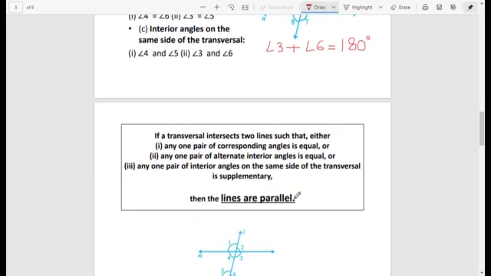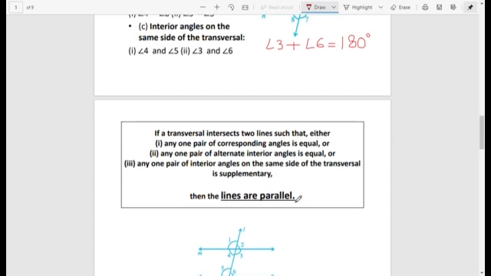Our next is: if a transversal intersects two lines such that any pair of corresponding angles is equal, or any pair of alternate interior angles is equal, or any pair of interior angles on the same side of the transversal is supplementary, meaning 180 degrees, then the lines are parallel.